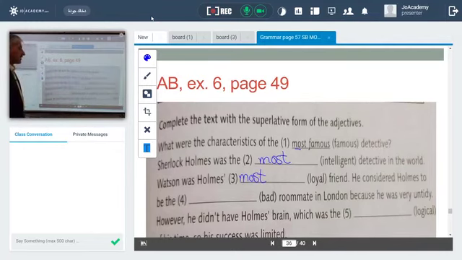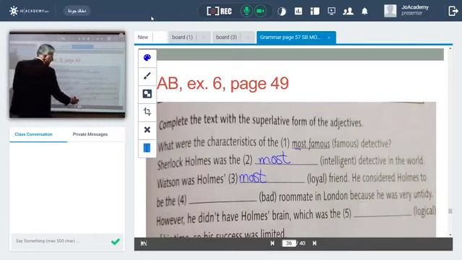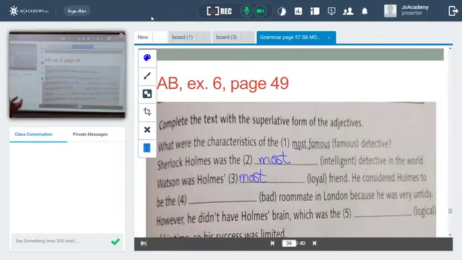He considered Holmes to be the bad roommate in London because he was very untidy. Bad, you remember, is irregular. So it becomes the worst.